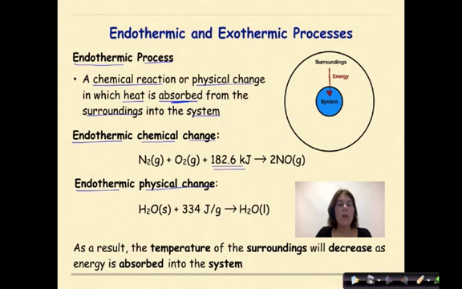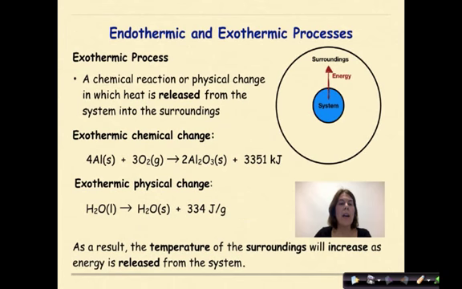In this situation, solid water, known as ice, absorbs a certain amount of energy, in this case 334 joules per every 1 gram of ice, to form liquid water. As a result, the temperature of the surroundings will decrease as energy is absorbed into the system.